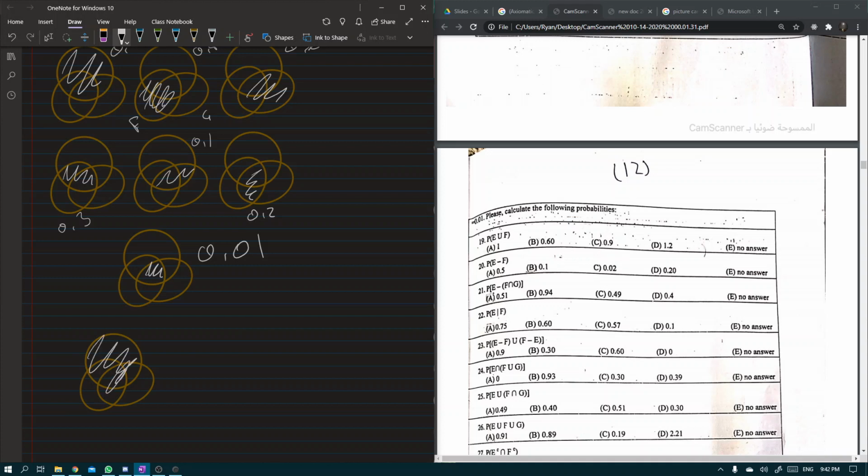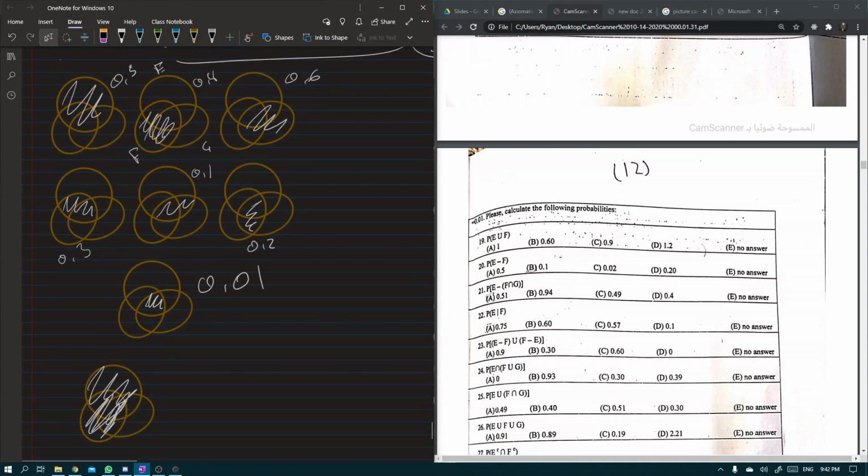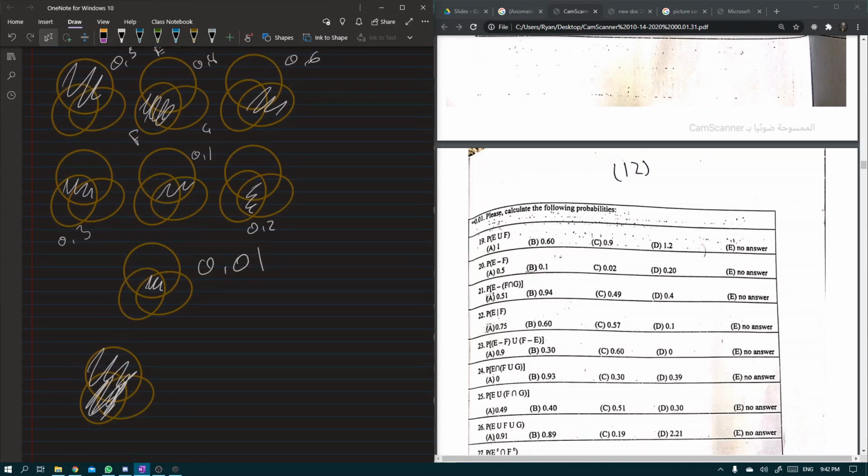E union F is this. So just 0.5 minus 0.4 minus 0.3.